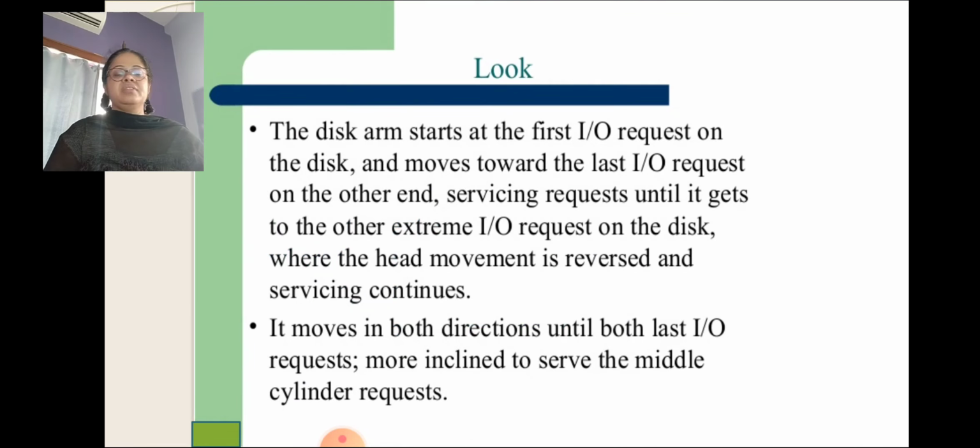In LOOK, the disk arm starts at the first I/O request on the disk and moves toward the last I/O request on the other end, servicing requests until it gets to the other extreme I/O request on the disk, where the head movement is reversed and servicing continues.